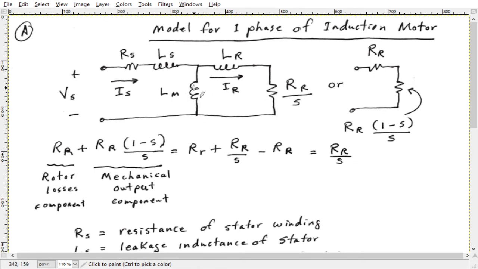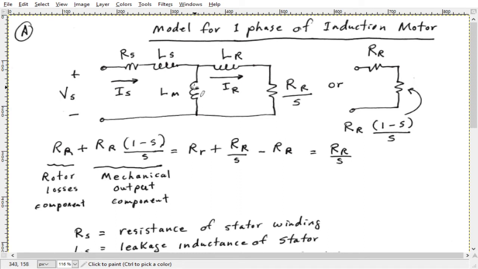This is the inductance that produces the flux, the magnetic field that rotates inside the motor between the stator coils and the rotor surface. Now, not all of that magnetic flux actually links with the rotor. Some of it is lost, it leaks out, and that is represented by LS, the leakage inductance or leakage flux for the stator.